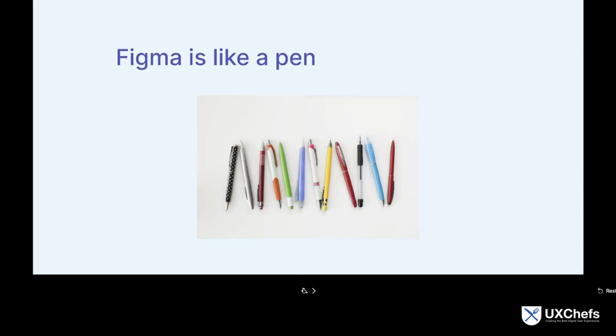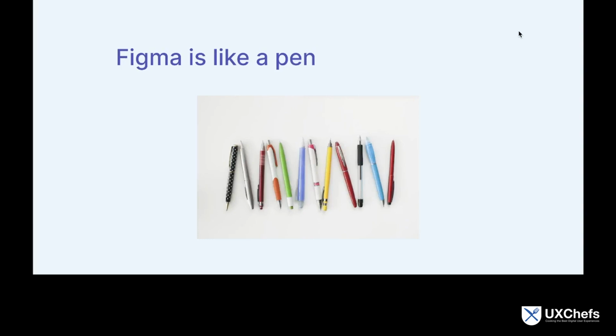So, getting back to our presentation, the first thing you need to get to know is that Figma is like a pen, because there are so many pens out there, and it's what you do with the pen that really matters. Because you can throw away this pen and then get another one that is different, with a different color, and it has all these differences.